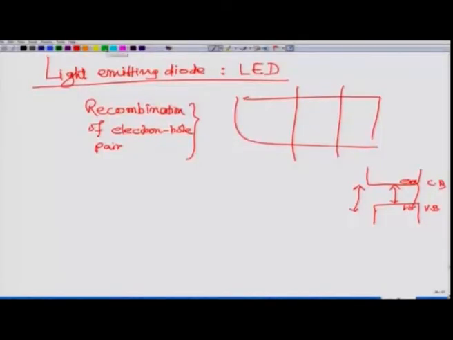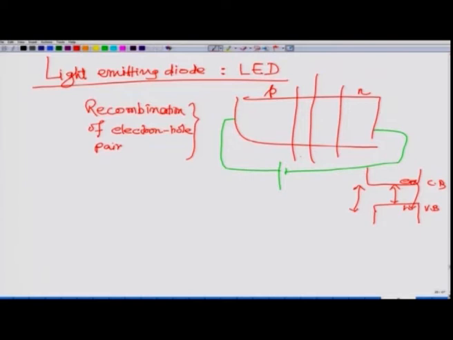It is always connected in forward bias to increase the probability of recombination. In forward bias, let us say this is the junction, you have this depletion region, this is the P side, this is the N side, and in forward bias what happens? The diffusion current increases.